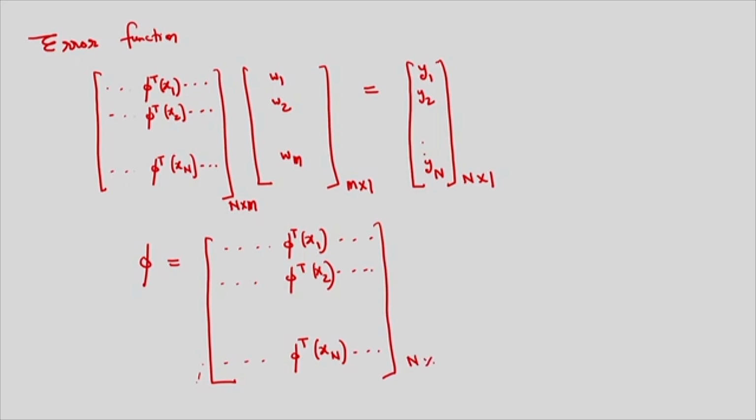The size is n cross m plus 1. So we can represent it like this, and write in this form: y is equal to phi w. From this I can write y is equal to phi into w, and based on this we can write the error function.